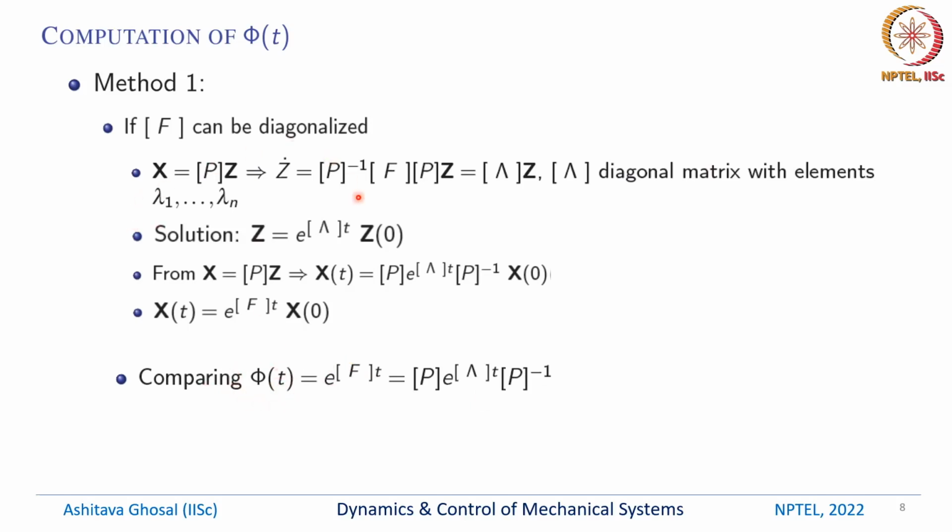So very simply, if F can be diagonalized, all we need to do is find the diagonal eigenvalues of this F matrix, all the n eigenvalues, and then we do e to the power lambda t pre-multiplied by the matrix P and post-multiplied by P inverse. P and P inverse are the transformation which converts F into a diagonal form.